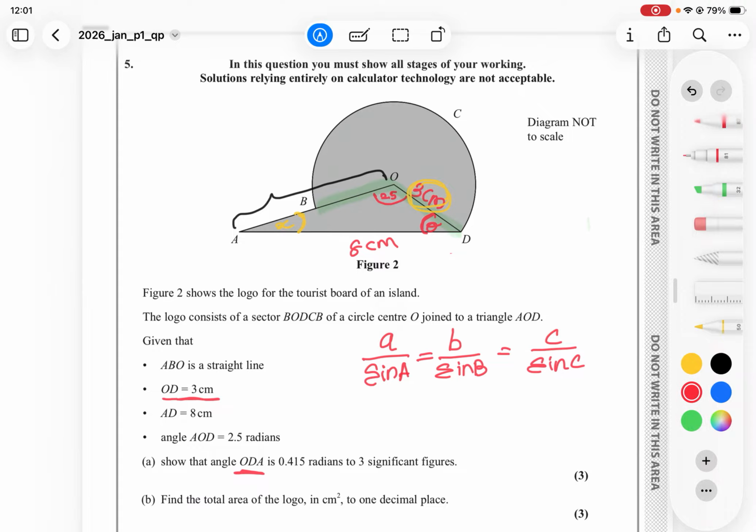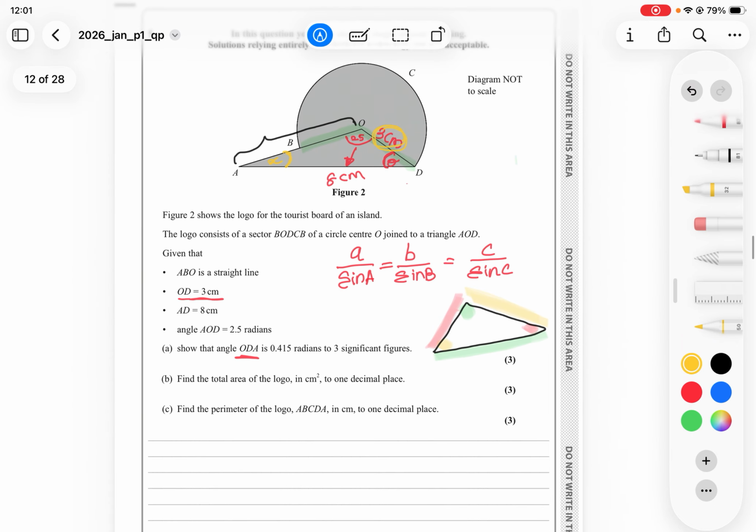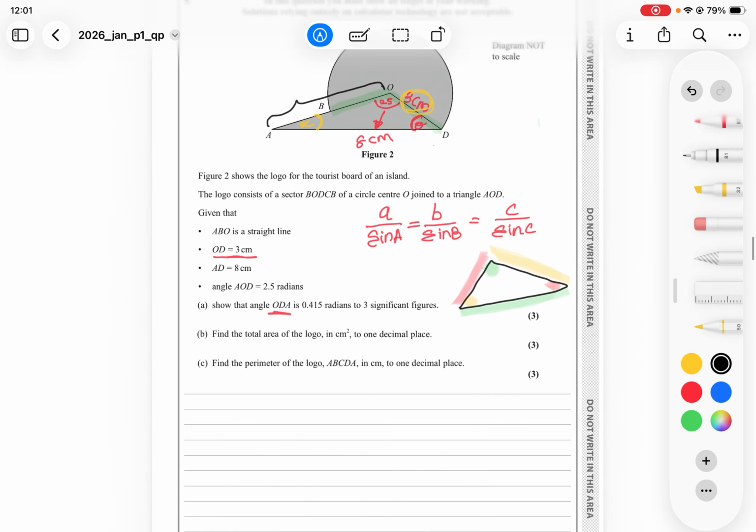Also, our 2.5 angle will go with the 8 cm. So these are the corresponding sides. If you take a triangle, each angle goes with the side in front of it. So according to that information, let's write the sine rule.